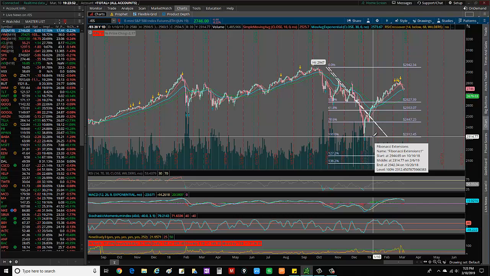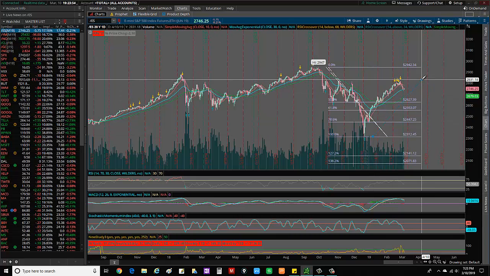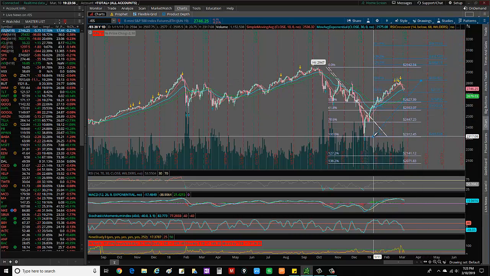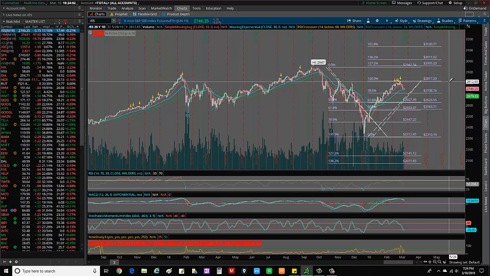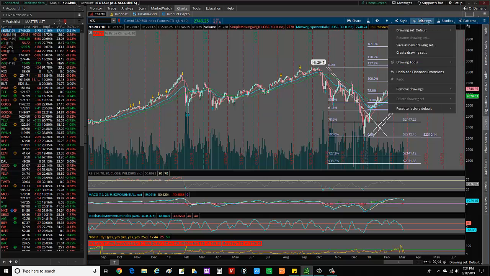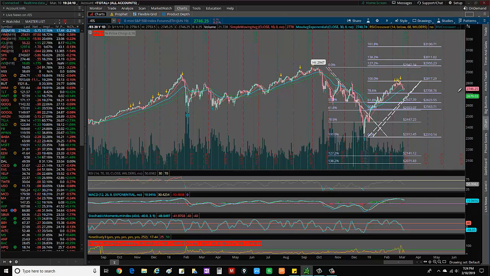So let's go ahead and just overlay the Fibonacci extension to the upside over that. So now we can identify some key levels. Let's go ahead and get a drawing tool, drawings, so we can identify a couple of critical levels here. So that right there is an interesting level.